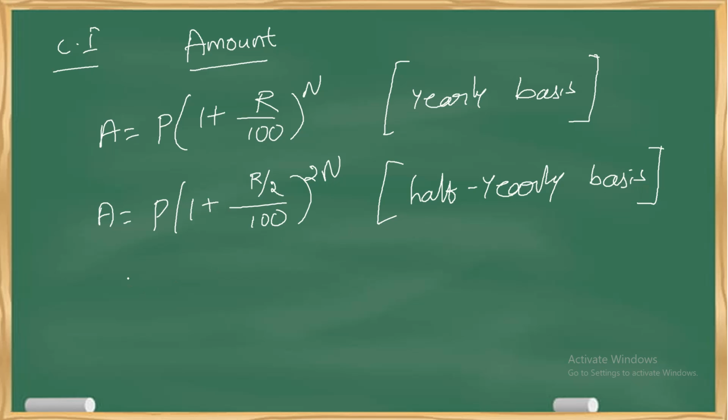I hope you understand now, but unless I explain it clearly, you cannot get the point here. So the last one, A is equal to P into (1 plus (R by 4) by 100) whole power 4n. And one more important thing here: n should always be in terms of years only.